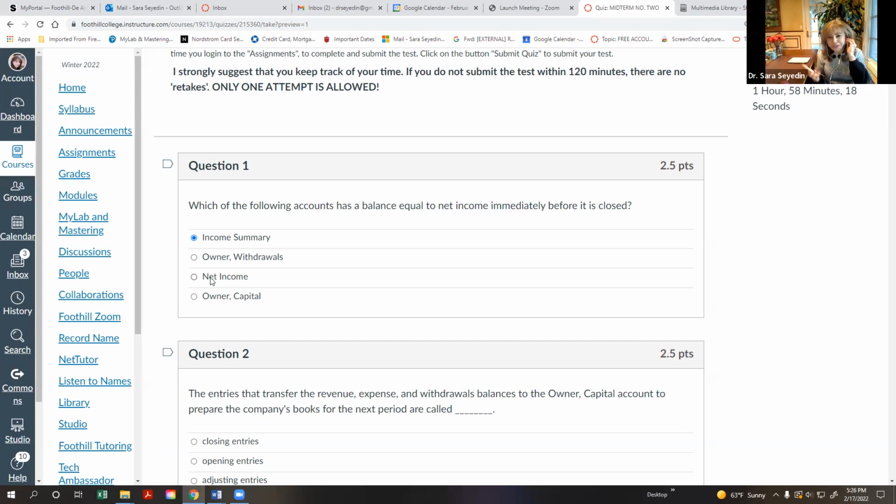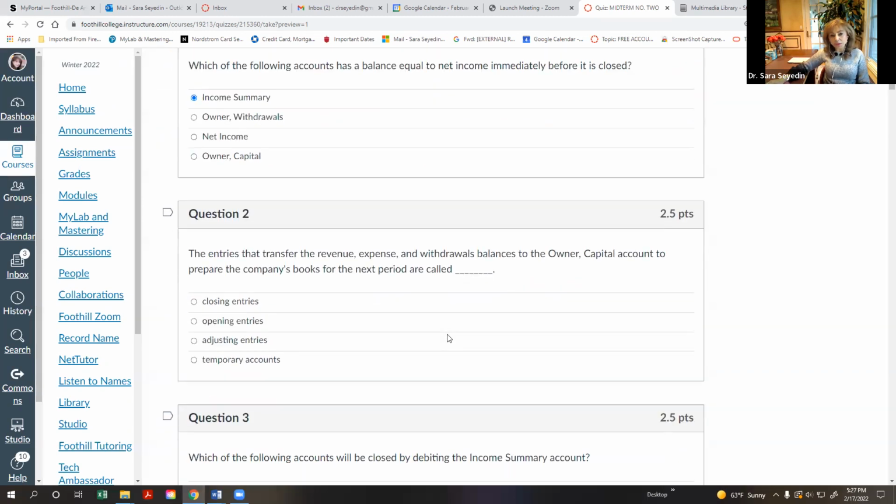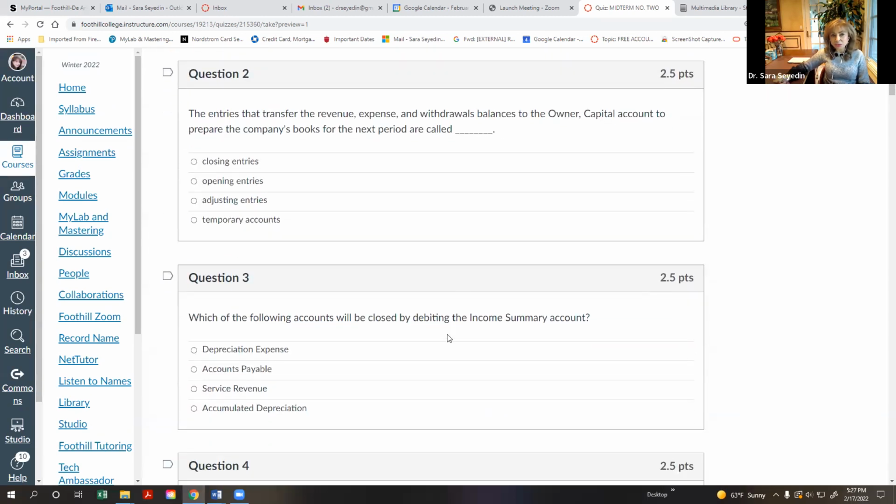So if you know your accounts, and take a look at chart of accounts, you don't see an account by the name of net income. So you know for sure that answer should be eliminated. Okay. Remember, I said that I have about 50 to 55% conceptual questions. This is an example of a conceptual question where you do not have to do any problem solving. All right, so let's take a look at question number 2.